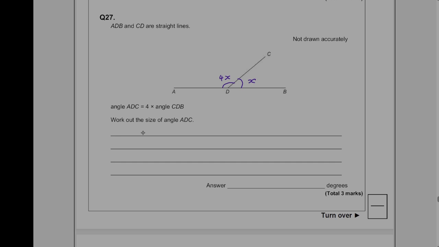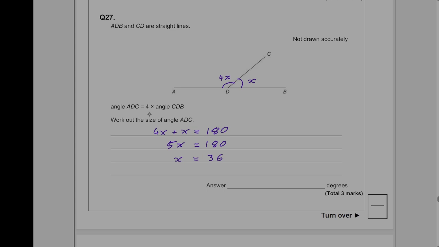Angles along a straight line need to add up to 180, so 4x plus x needs to equal 180, so 5x has got to be equal to 180, and then if I divide that by 5, x is going to be equal to 36.